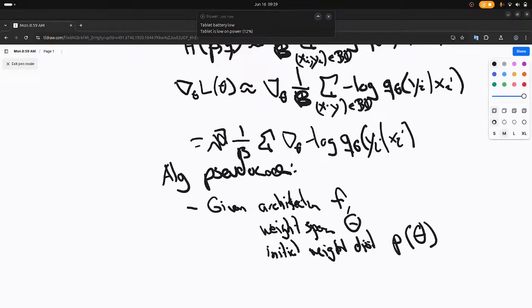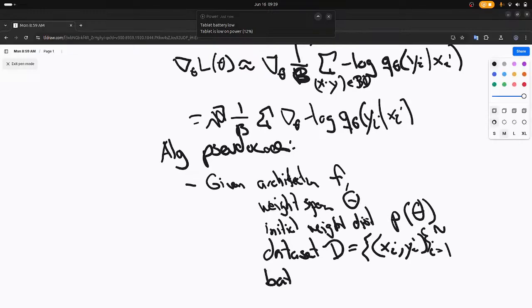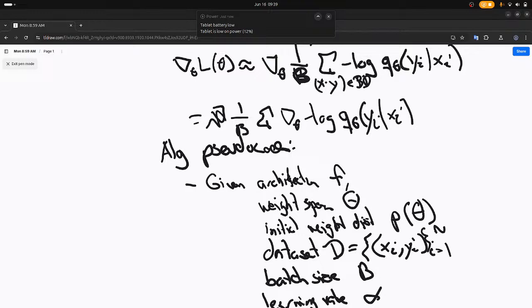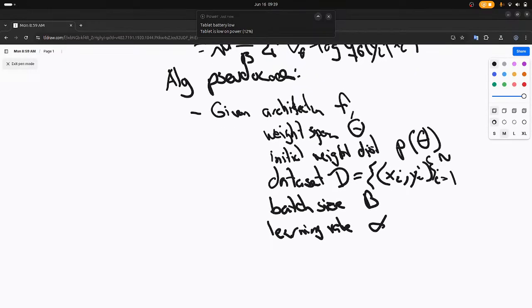This could just be a normal distribution, and then we have a data set D of size n, and the batch size b, and a learning rate alpha, and maybe a number of steps.